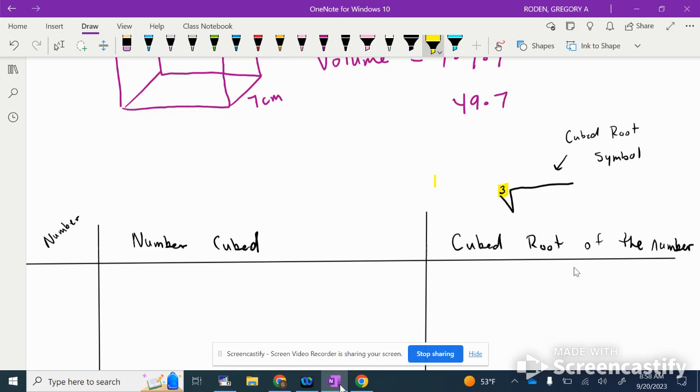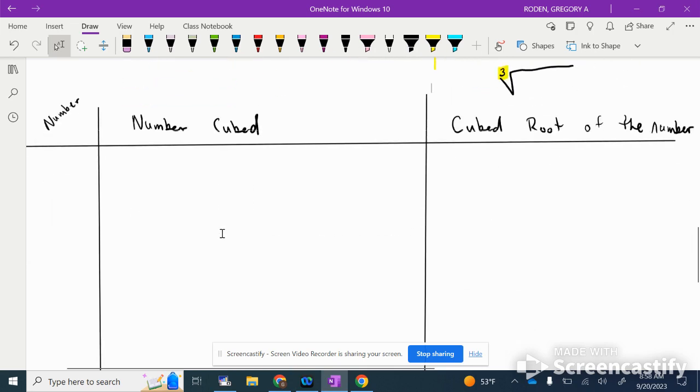Okay? Now, I don't think we're going to go super far. I think we'll just go up to 10. Okay? So in our cube root chart, let's make those numbers.